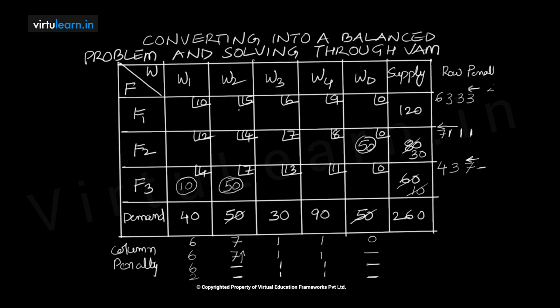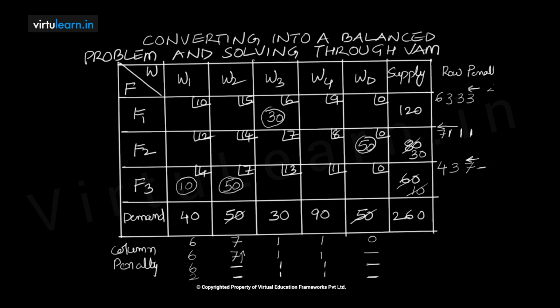That means we have to make allocation in this column. In this, the least is occurring at 6 because this F1W1, F1W3, W4, these 3 cells only are applicable. So here least, so it is an obvious choice.